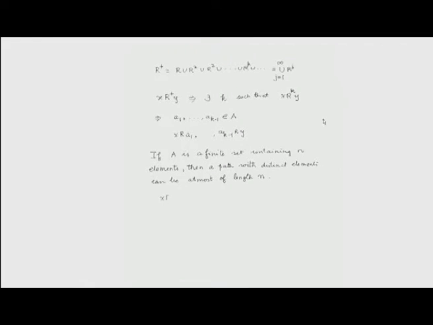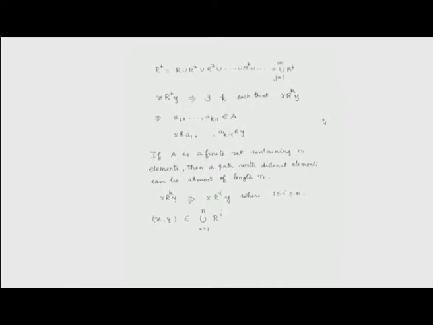Now, considering this fact, we have already seen that x R to the power k y will imply that x R to the power i of y, where 1 is less than or equal to i, which is less than or equal to n, and this will mean that this pair x y is inside the union i equal to 1 to n of R to the power i.